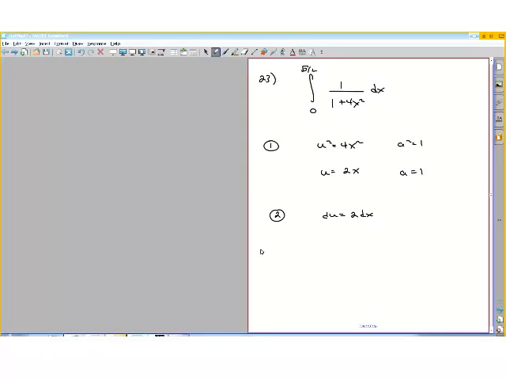So when x equals 0, u is equal to 2 times 0, which is 0. When x equals the square root of 3 over 2, u is equal to 2 times the square root of 3 over 2, which is equal to the square root of 3.